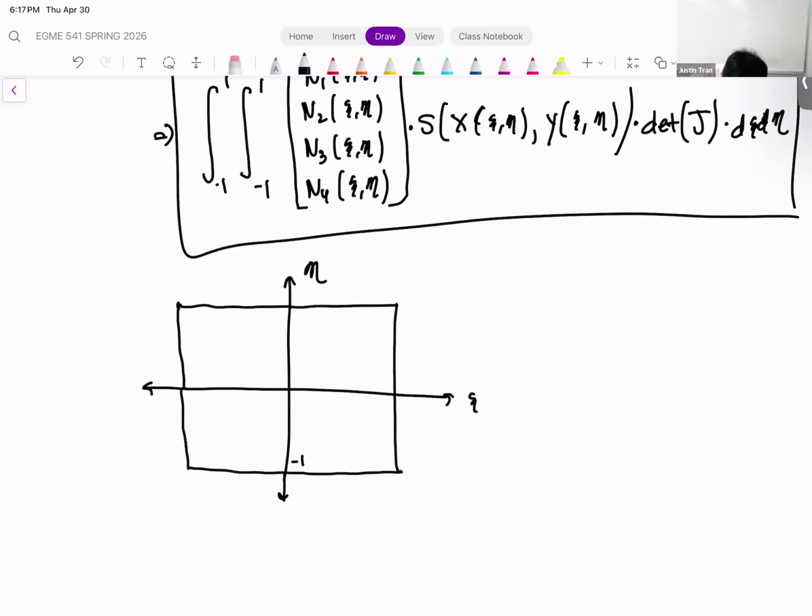This is -1, 1, -1, and 1. Now here is node 1, node 2, node 3, and node 4. The location for node 1 is -1, comma, -1. Location for node 2 is 1, comma, -1. Location for node 3 is 1, comma, 1. And location for node 4 is -1, comma, 1 here.